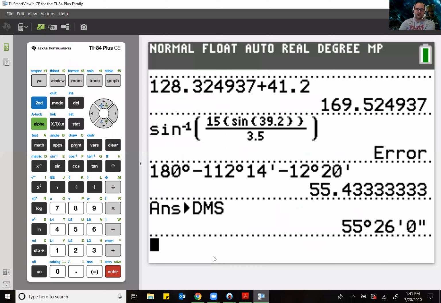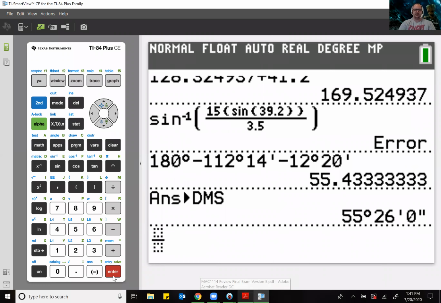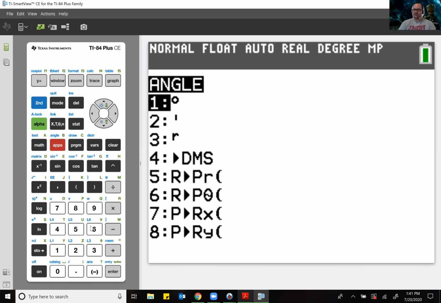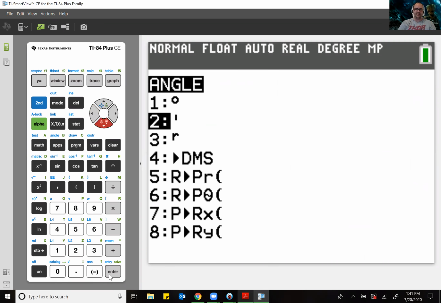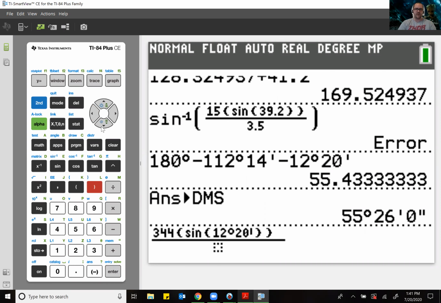So let's run this in our calculator real quick. So we're going to hit alpha y equals. And we've got 344, not 377, 344, parentheses, sine 12 alpha apps degrees 20 alpha or second apps minutes close all over sine 55 second apps degrees and 26 second apps minutes close.